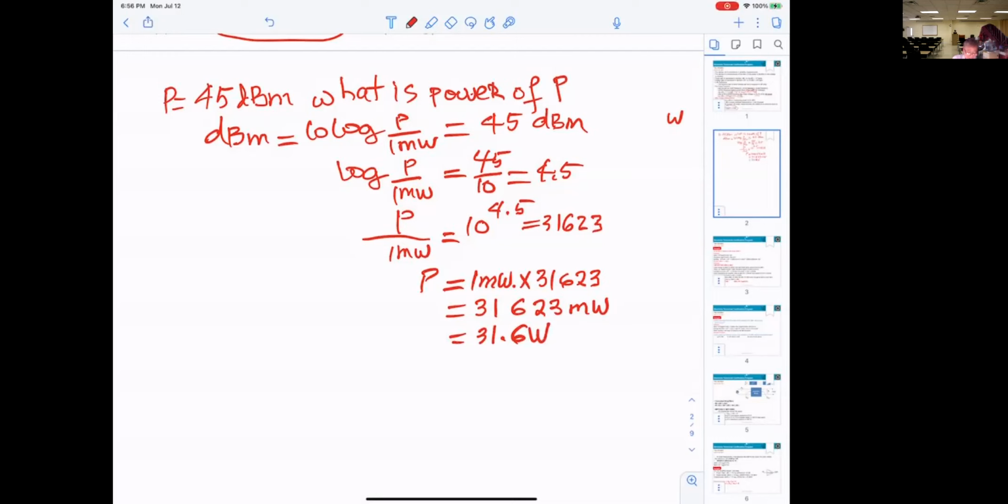That is the right answer. The question before also should be watts, not milliwatts. The final answer, 31.6 watt. You do calculation to get 31,623 milliwatt. You divide by 1,000, you get a watt.